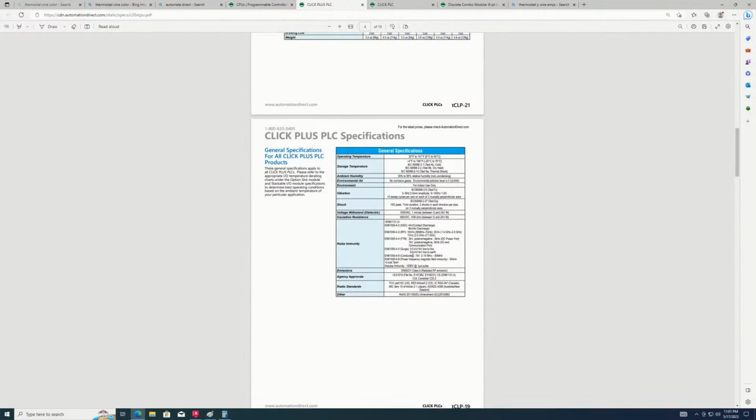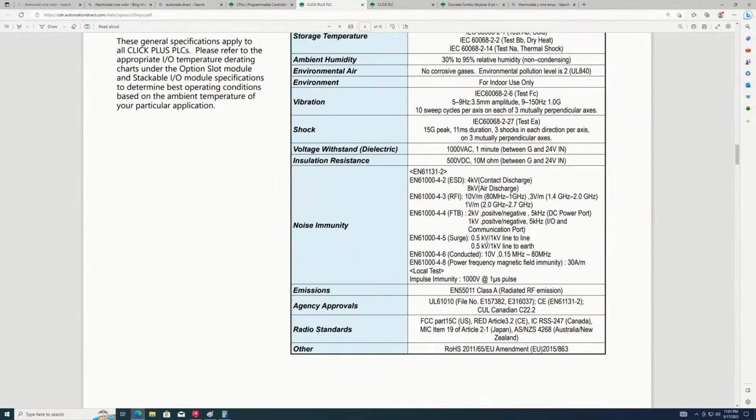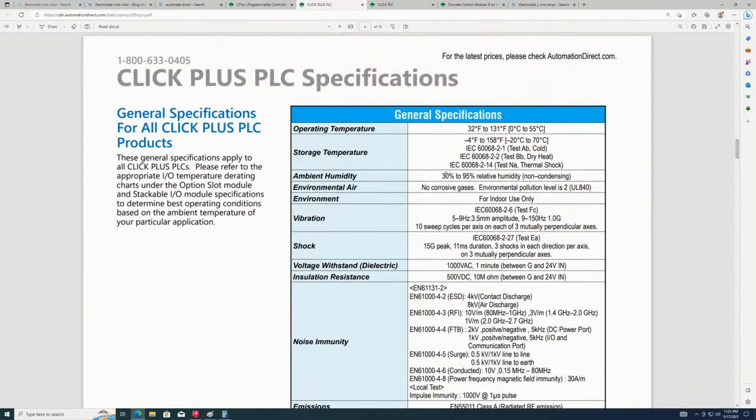Your PLC will constantly check and continuously run that set of code. It's from 32 degrees Fahrenheit to 131 Fahrenheit. So I'm going to have to put like a heater in that thing. Yeah, because it does get colder. Unless it can keep itself warm.